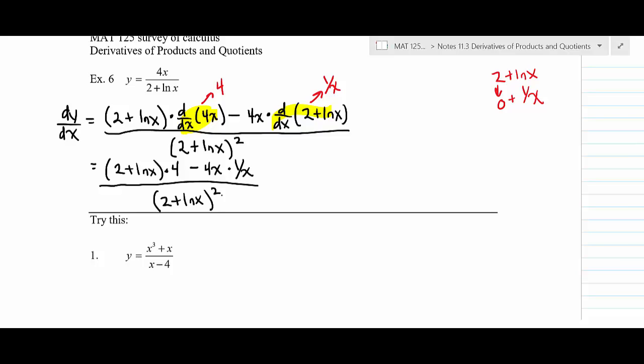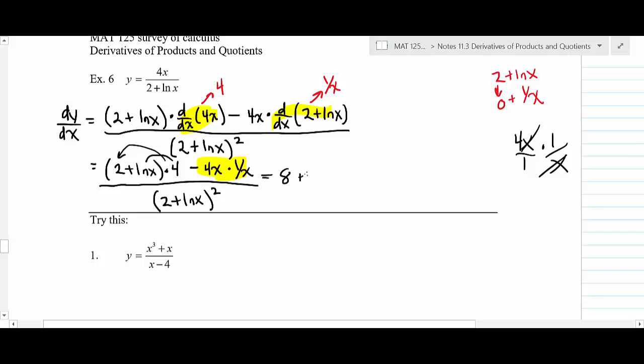The x's cancel out, because that's 4x over 1 times 1 over x. The x is crossed out, so that's going to leave you a 4. And then here you can just distribute. So you got 4 times 2 is 8, and then you have 4 ln x, and then that right there, the x's cross out, leaving you 4, all over 2 plus ln x to the second like that.